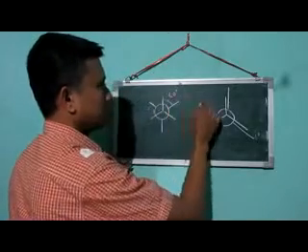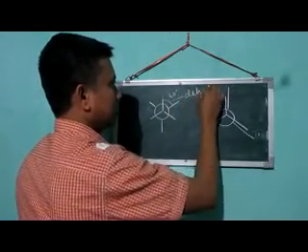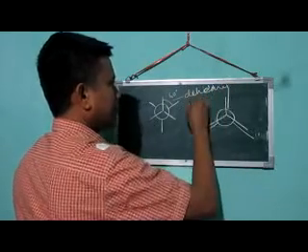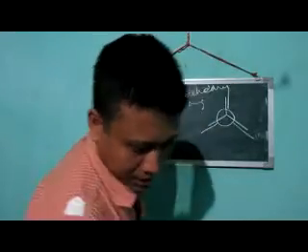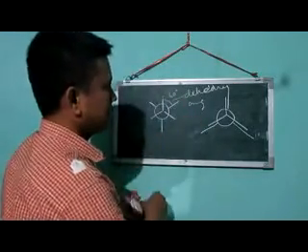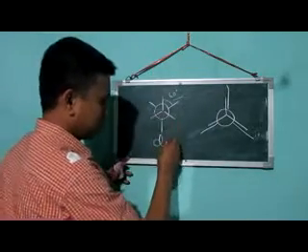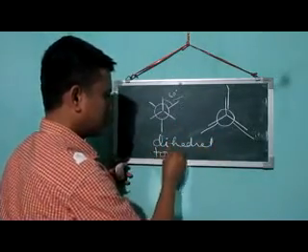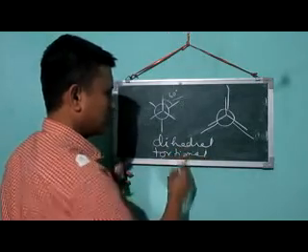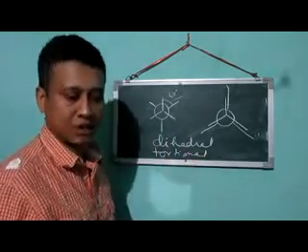Now this rotation, this angle is called dihedral angle. So this dihedral angle, or this is also known as torsional angle. This dihedral or torsional angle gives us different types of structures.